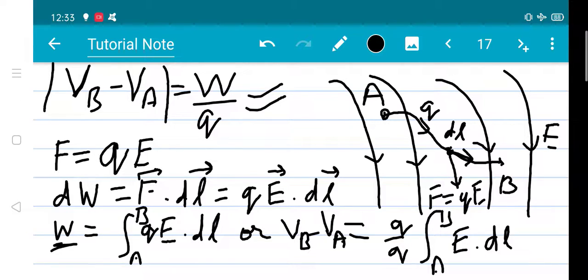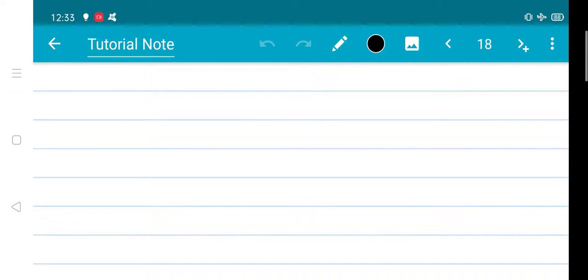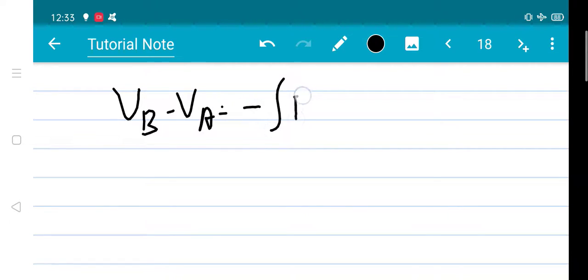Now since the work is always done in the opposite direction of the force, we can put a minus sign here to show that the work is done in the opposite direction. So Q gets cancelled and we get the expression VB minus VA equals minus integral of E dot dl from A to B.